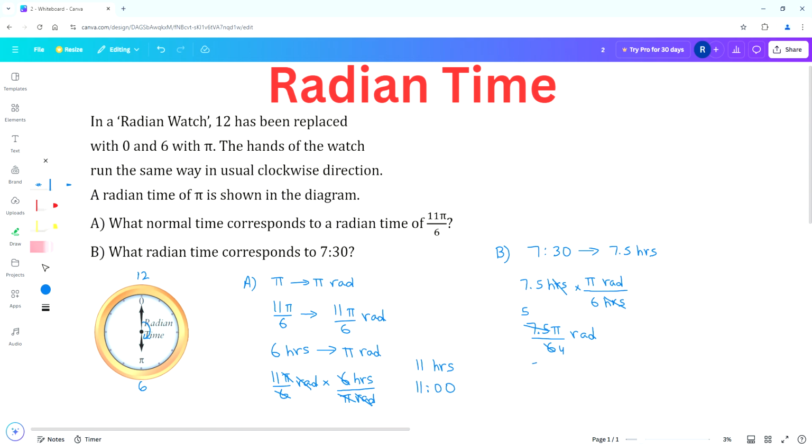I get 5 pi over 4 and the unit is radians. So the radian time is 5 pi over 4. This should be the final answer for part B.